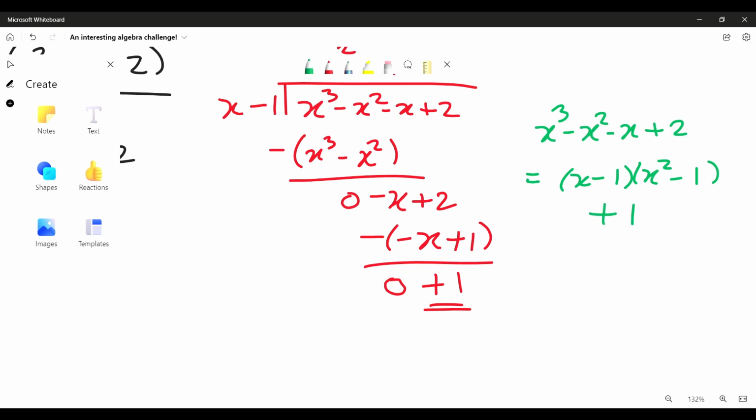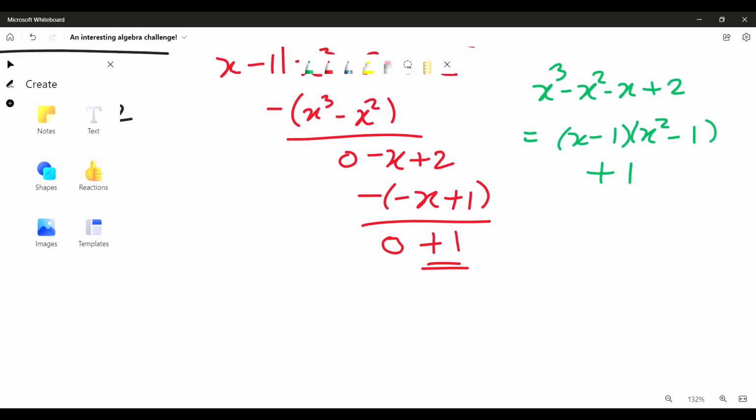And why is this so much better? Well, we can already see we just have a difference of two squares here, x squared minus 1, and x minus 1 is also one of those factors, so we know that'll be x minus 1 whole squared, and we just have a simple 1 to worry about when squaring that. We have no problems there. I think this is much easier, and you'll see what I mean as we follow the problem.